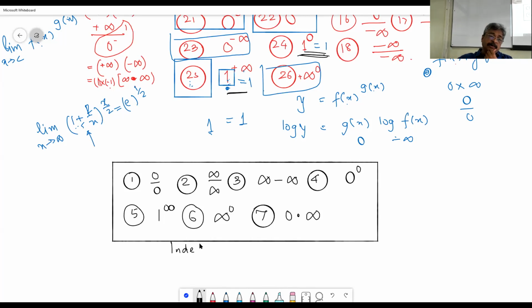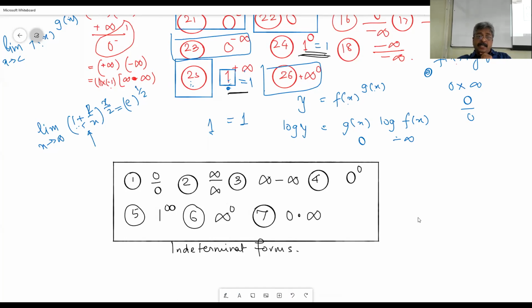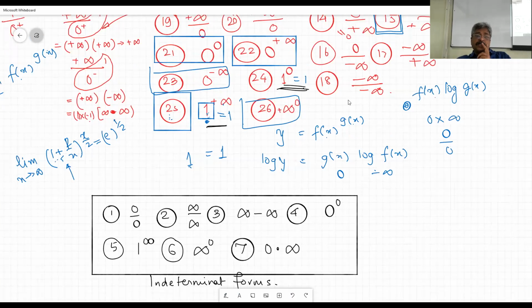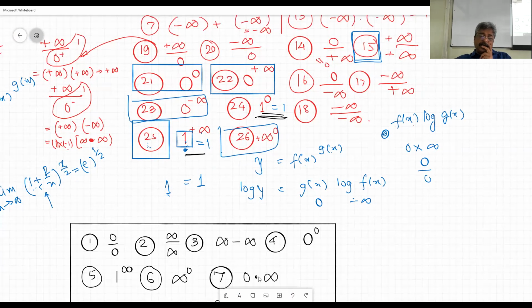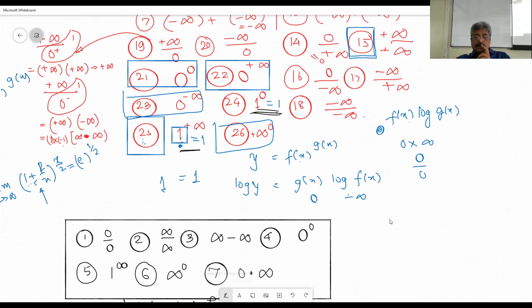Sir, can you please scroll up for a minute? Which ones, 16, 17 and 18? Okay. 16 is 0 upon minus infinity, which is 0 into minus 0, 0 into the opposite of 0, so it is 0 into 0.